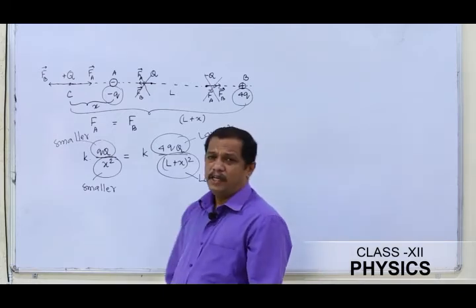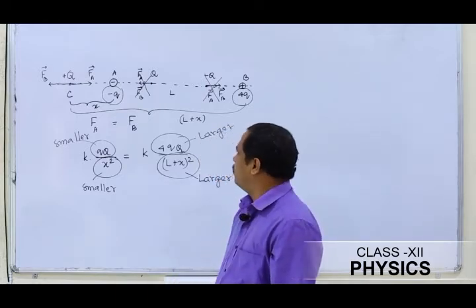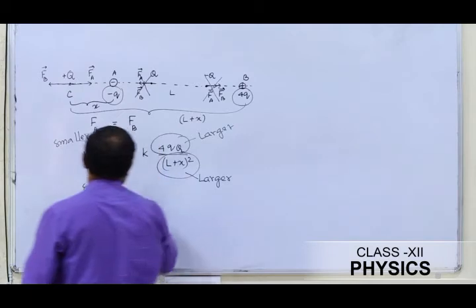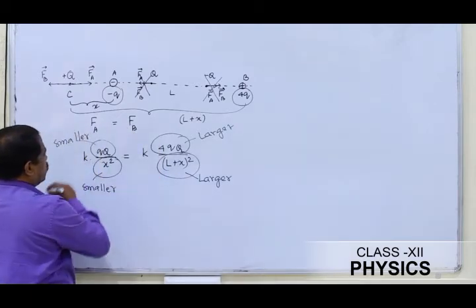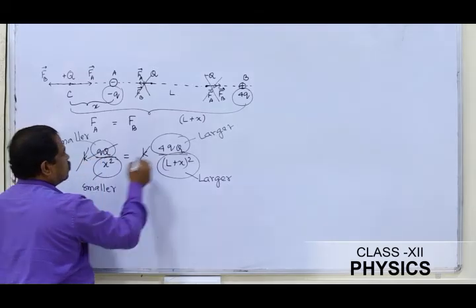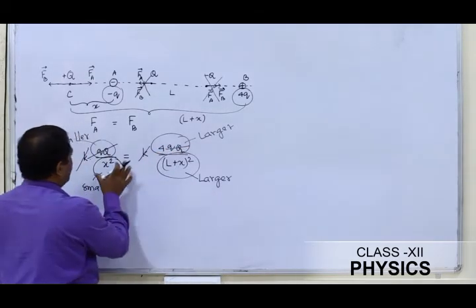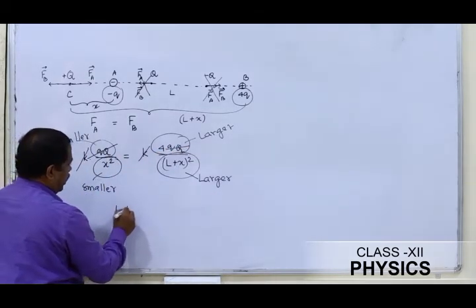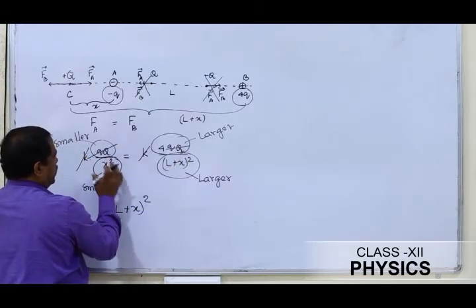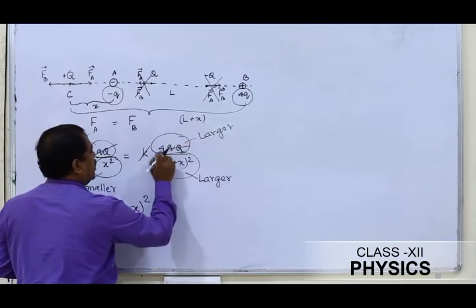Now, we need to calculate the position of equilibrium when we have charge q and 4q. In that case, K and K go off, small q and capital Q go off. So we are left with L plus x whole square. I take this one to the left side, and when I take x square here, I am having 4.